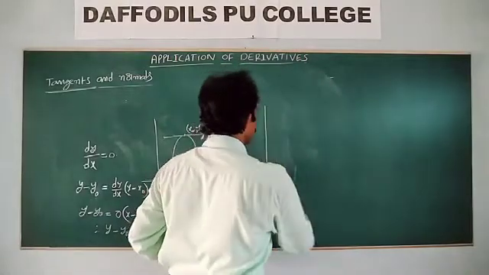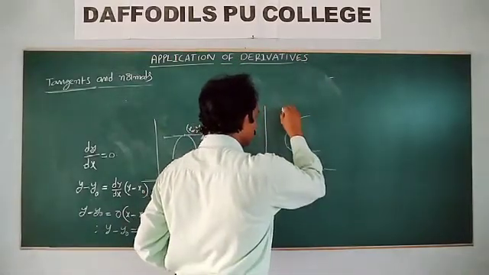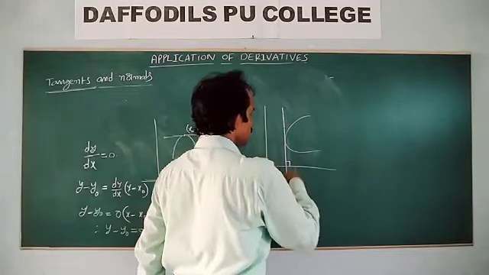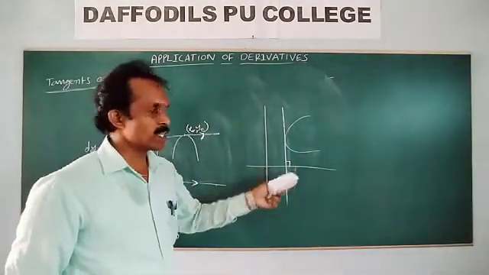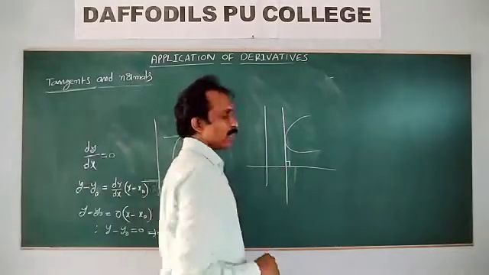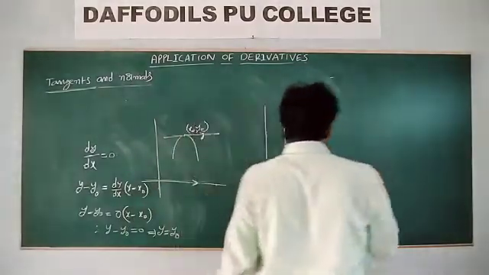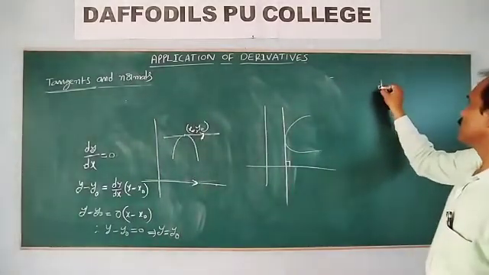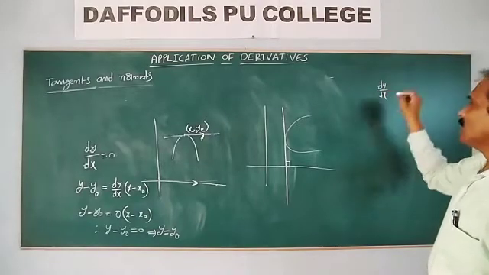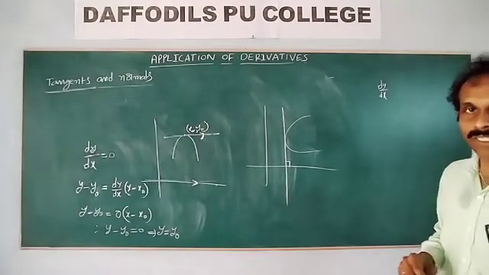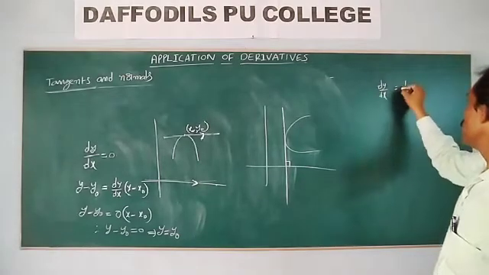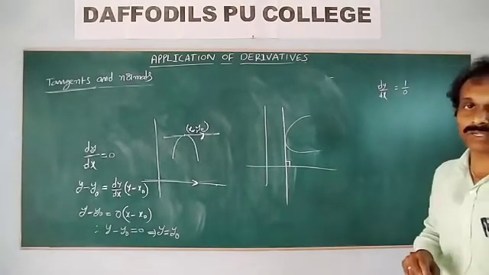If the tangent line is parallel to the y-axis, or perpendicular to the x-axis, what is the slope dy by dx? It is undefined, which can be written as 1 by 0, not defined.